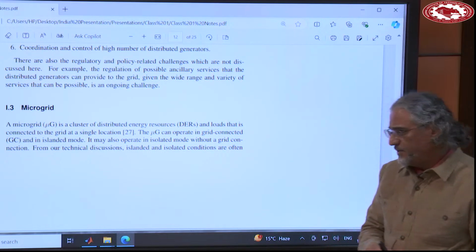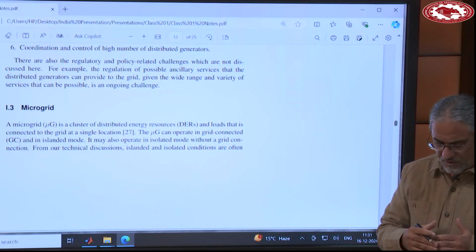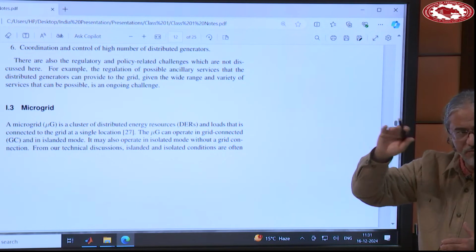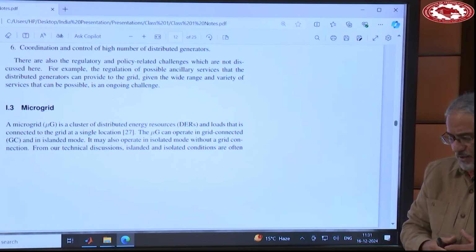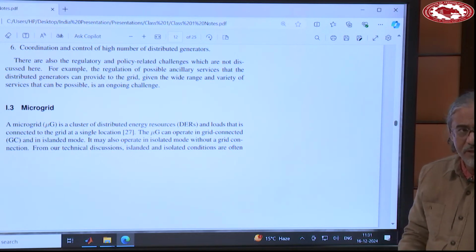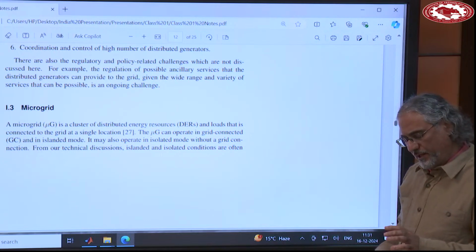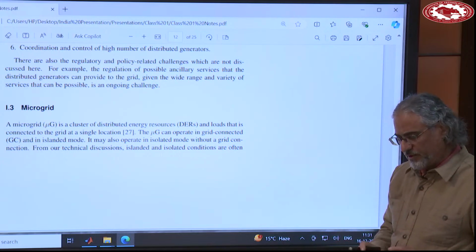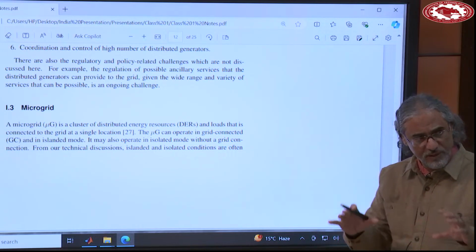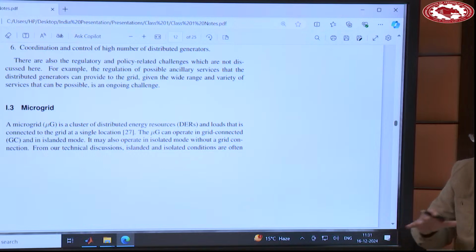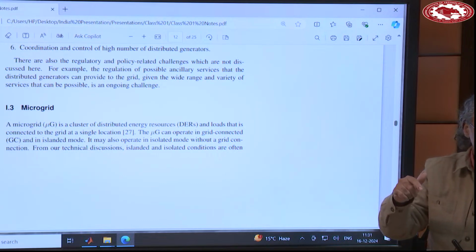So the idea is, okay, let's not go all the way from this standard power grid to a completely open one. Let's go to a midway, and cluster a number of generators and loads and everything together to build an entity, and we call that a microgrid. And that entity is connected to the rest of the network at one single point.